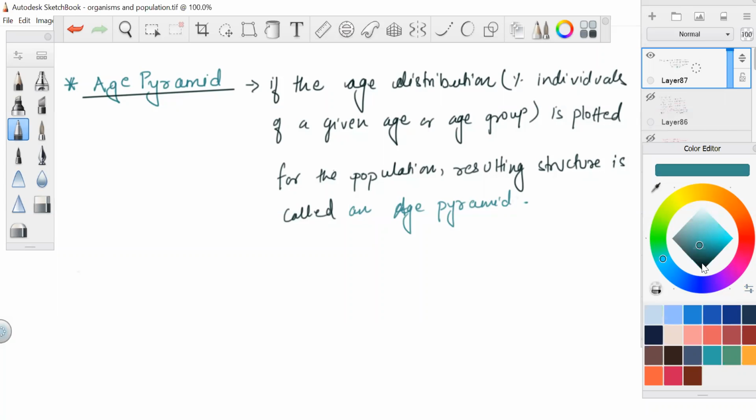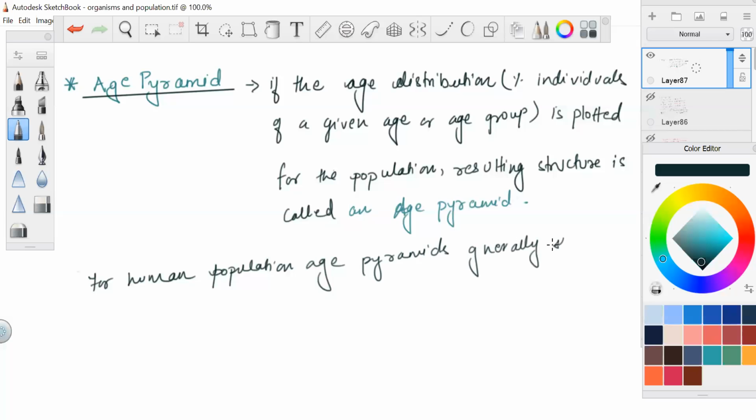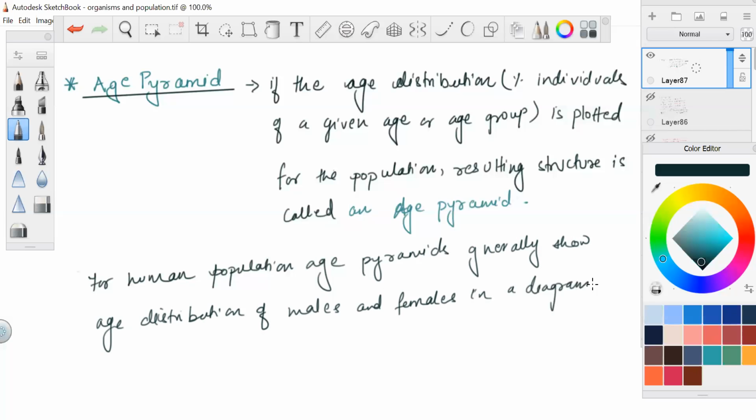So we can write: for human population, age pyramids generally show the age distribution of males and females in a diagram.